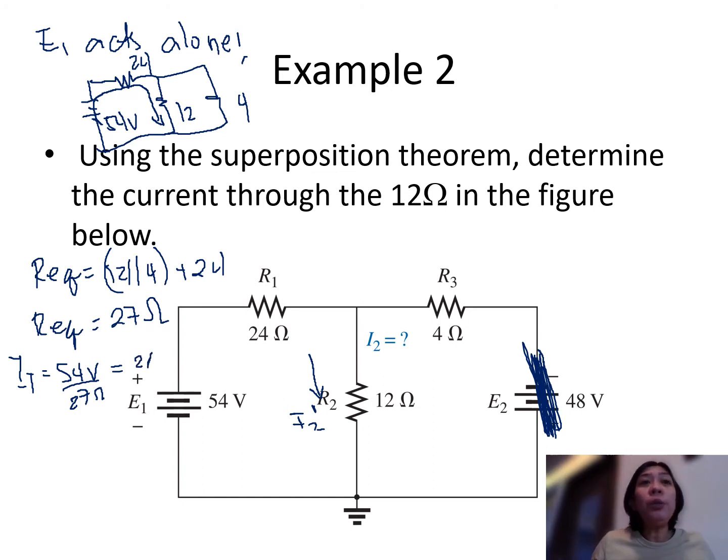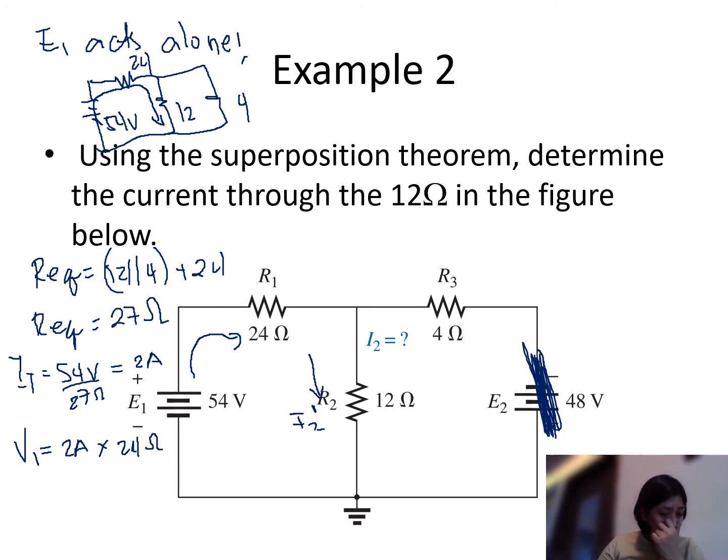The total current is the current which will flow across your R1, so we can solve for V1. V1 is 2 amperes times 24 ohms, which is equivalent to 48 volts.